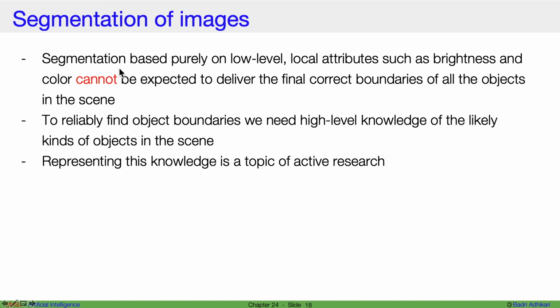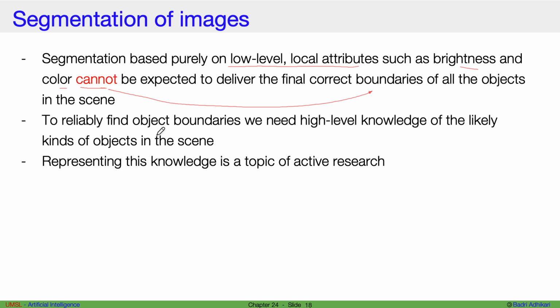What we see is that our original definition of segmentation based purely on low-level properties such as brightness and color cannot be expected to deliver final correct boundaries of all objects, because each object may have multiple brightness levels, multiple colors, and so on.